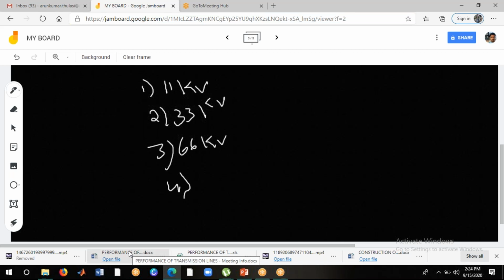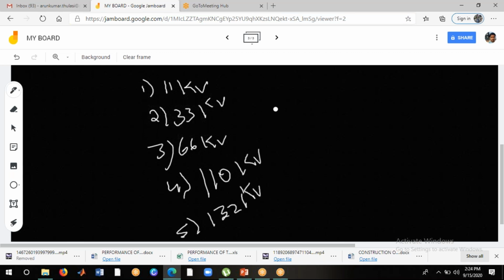So we have: the first one is 11 kV, 33 kV, 66 kV. Next, 110 kV, 132 kV, the 6th one is 220 kV, and the 7th one is 400 kV.